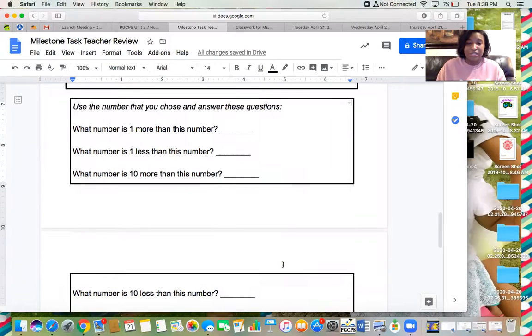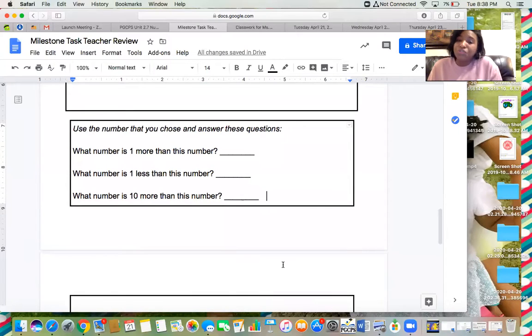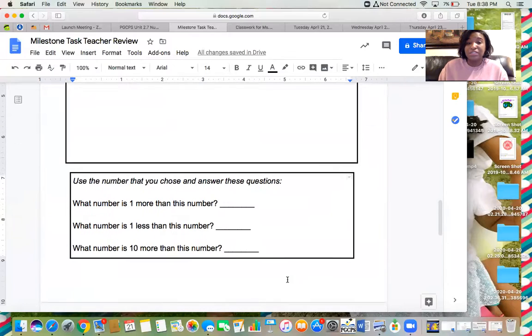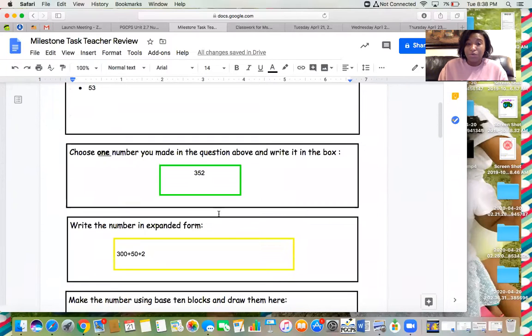Our next question says, use the number that you chose and answer these questions. It would be helpful if you had a thousands chart next to you, or constantly look at your number or a number line, so you know what number you chose.